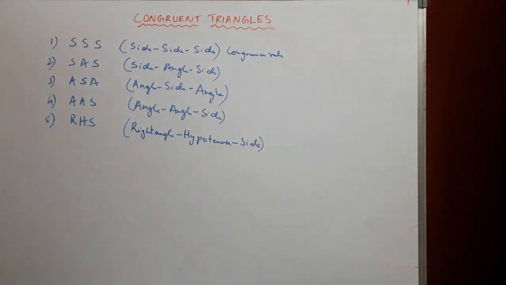So these are the 5 which we usually call congruence rules, or axioms, that we use in order to prove two triangles congruent.